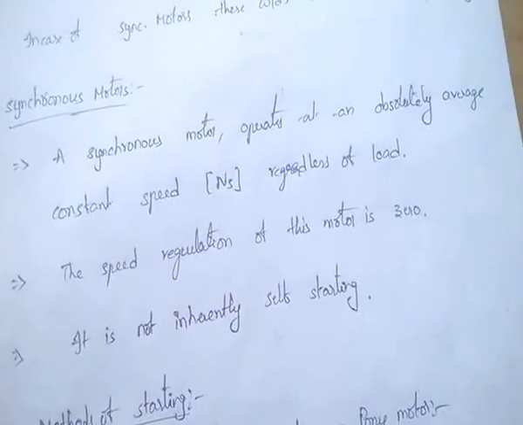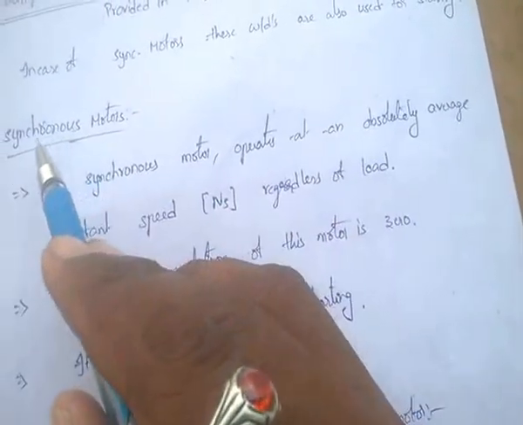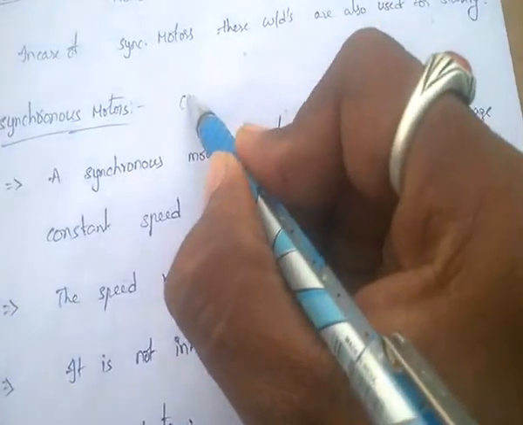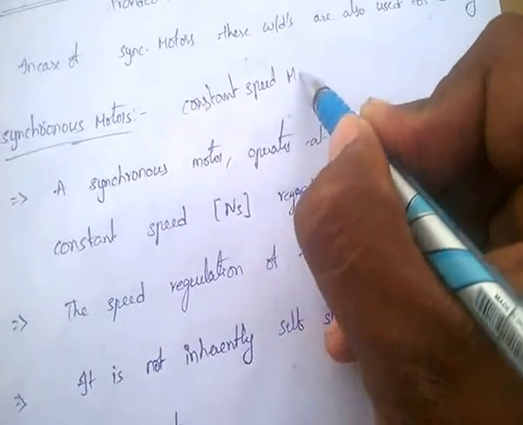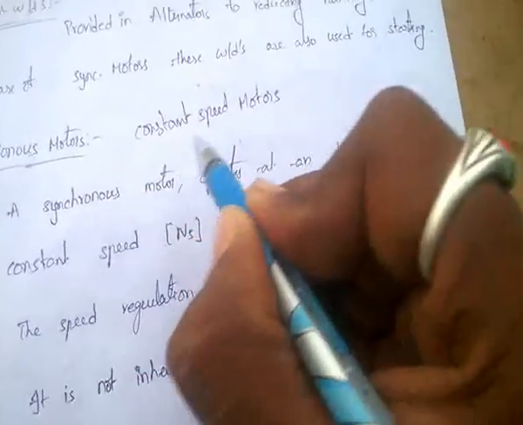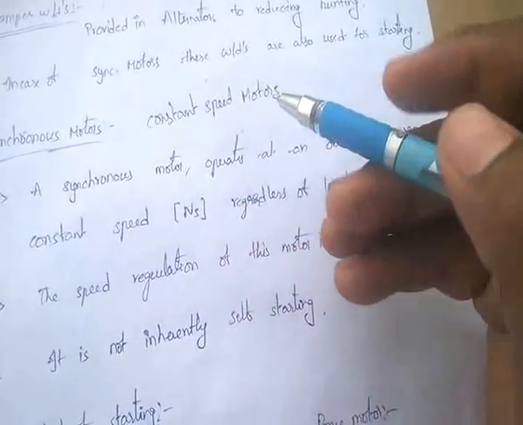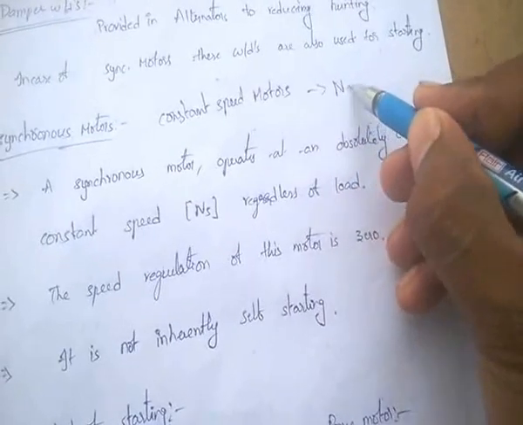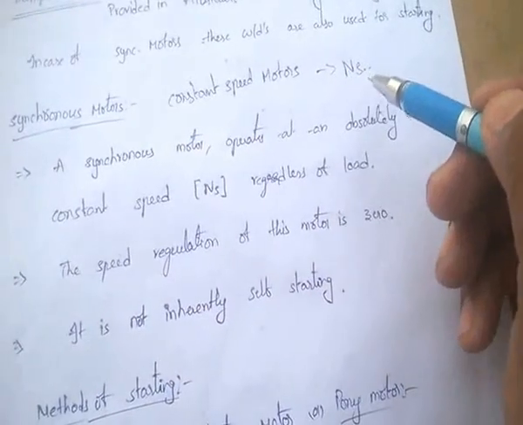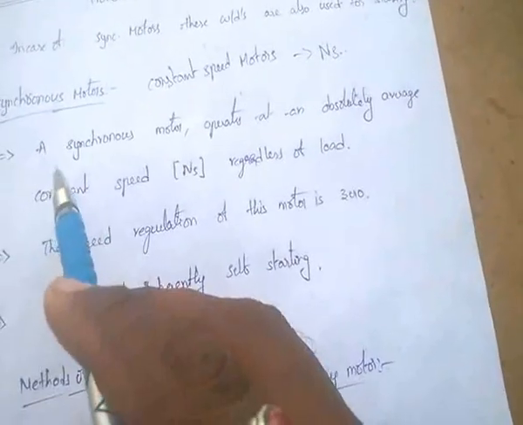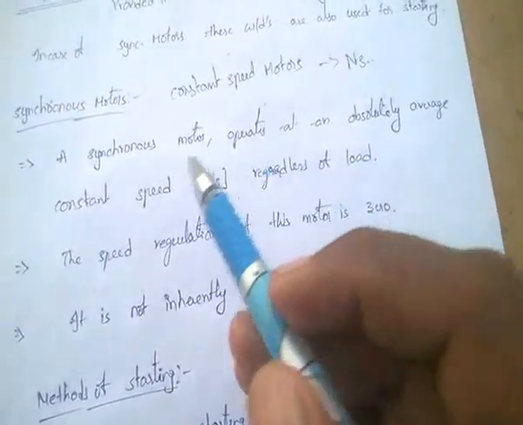Synchronous motors. These synchronous motors are nothing but constant speed motors. That means these motors rotate only at constant speed, and that speed is synchronous speed.